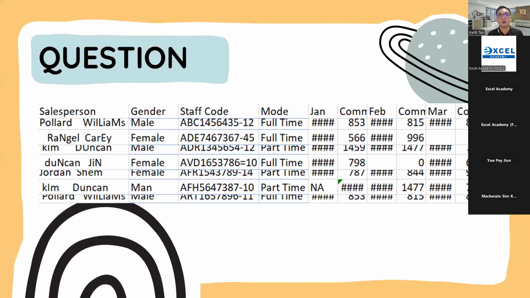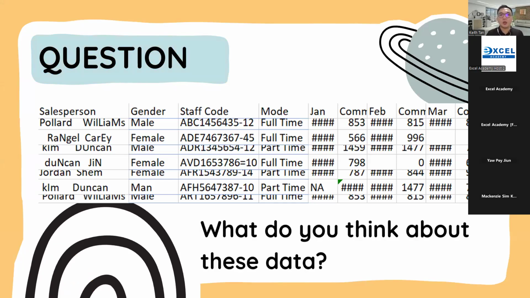So my question for you: this is a table from Excel. What do you think about this data? How does it look to you? What is your first impression when you look at this data in Excel? Not tidy, very messy, difficult to read.